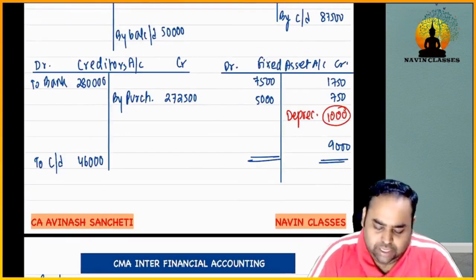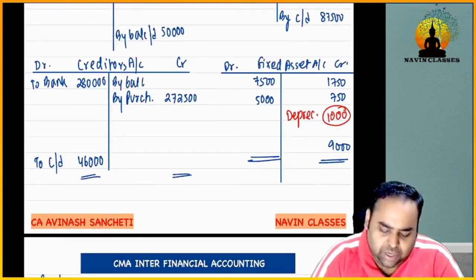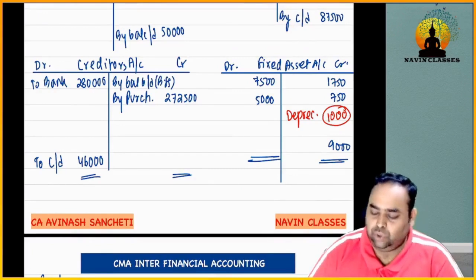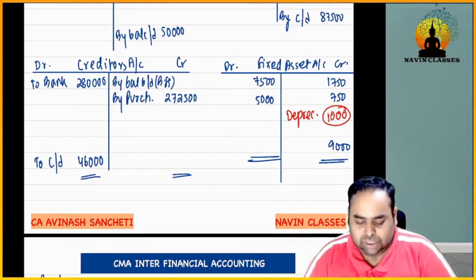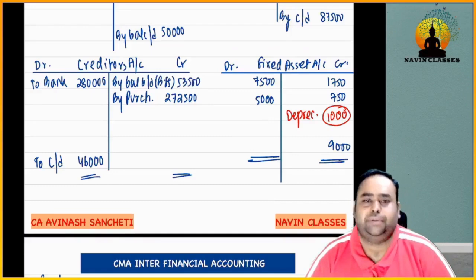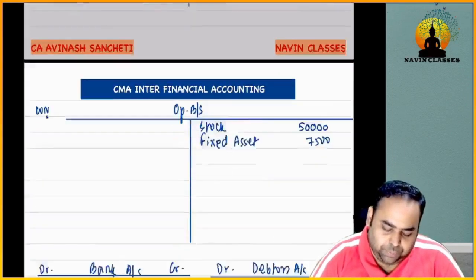Fixed asset is done. Now tell me what will we get in the creditor account when the opening balance is not given. Calculate the opening balance. 280 plus 46 minus 272,500, which is 53,500. For creditors, 53,500 is the opening.